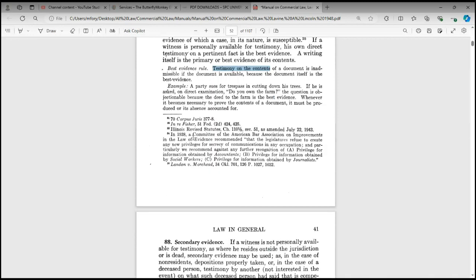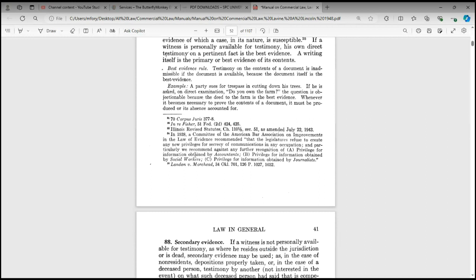What's this one here? In 1938, the Committee of the American Bar Association on Improvements in the Law of Evidence. See, I would search this on Google Books. Law of Evidence. Recommended that the legislators refuse to create any new privileges for secrecy of communications in any occupation. So they recommended that the legislators refuse to create any new privileges for secrecy in communications in any occupation.